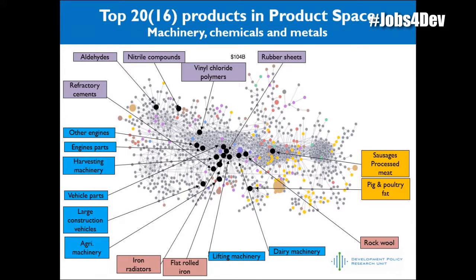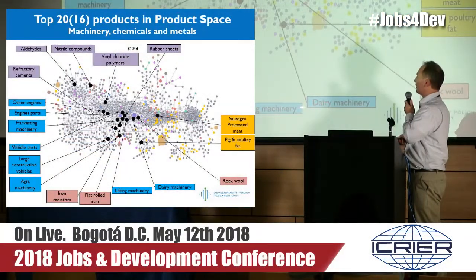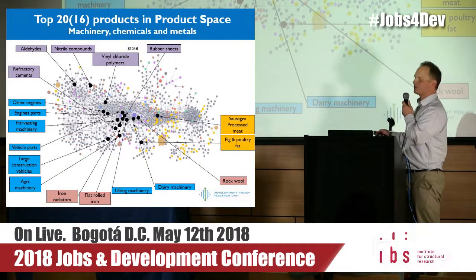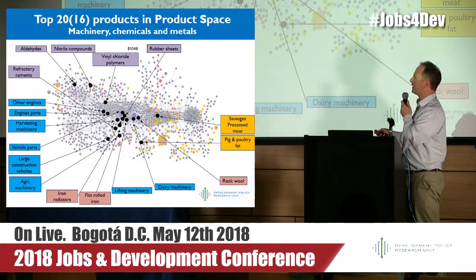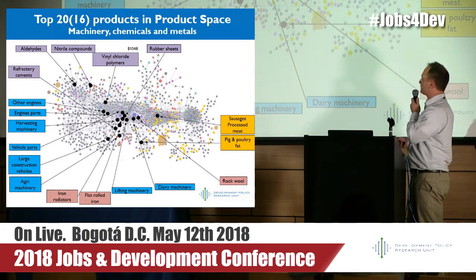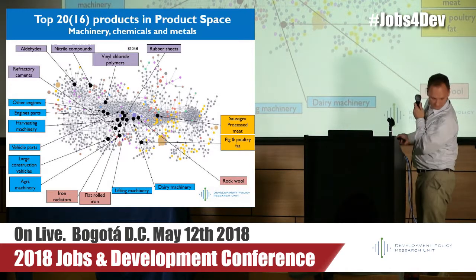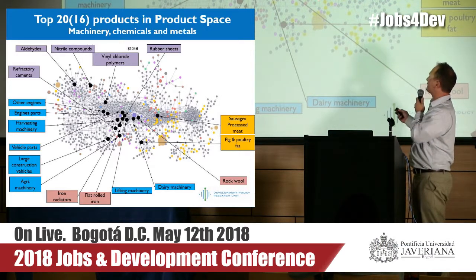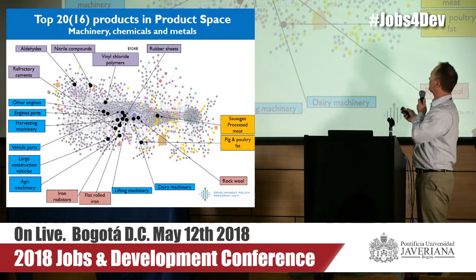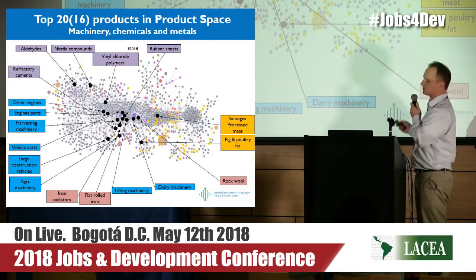A lot of machinery products, so other engines, engine parts, harvesting machinery, vehicle parts, construction vehicles, and a lot of the machinery is related to agriculture and mining, which is quite interesting given that we have this strong primary product basis in our economy. And then there's metal products. This one over here is rock wool. And then there's some agri-processing. In particular, we look at pig and poultry fats, and then that goes into sausages and processed meats.